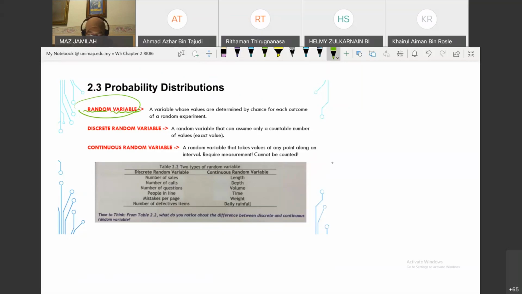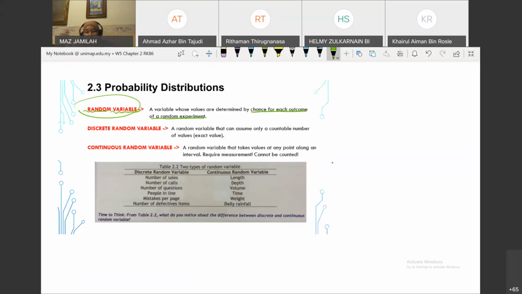So a random variable is a variable whose values are determined by chance of each outcome of a random experiment. Means that the values of a random variable are determined by chance, depending on what experiment you are talking about.